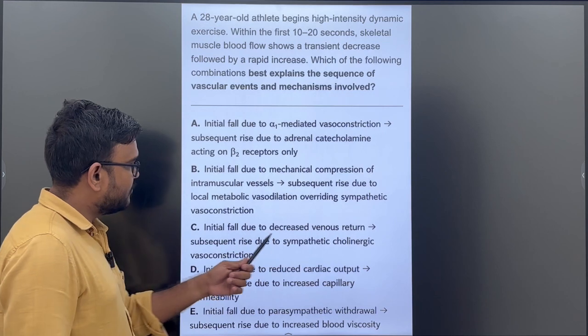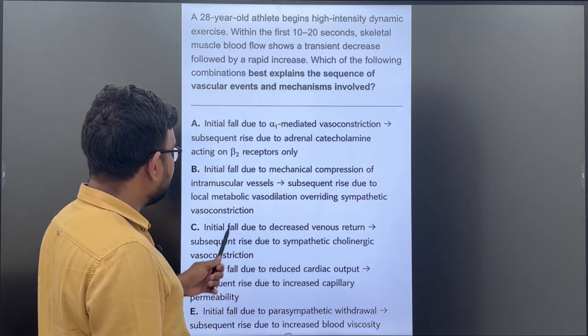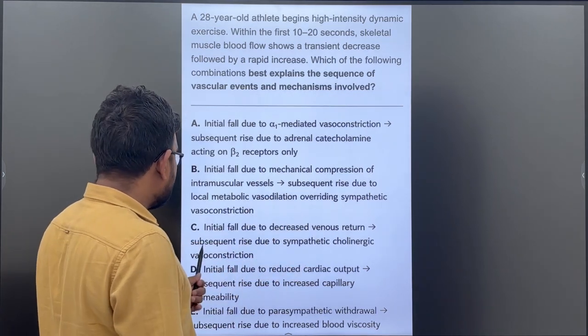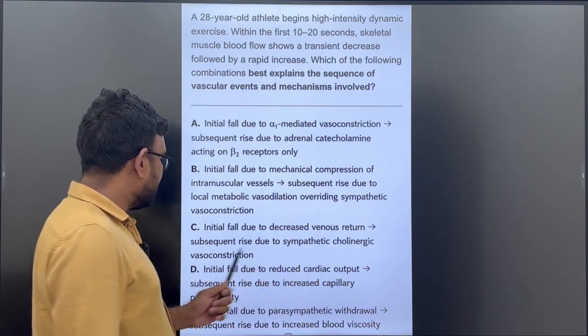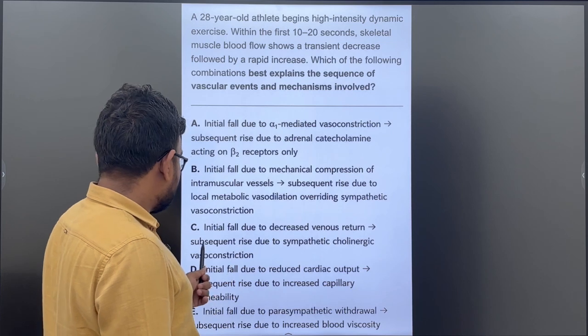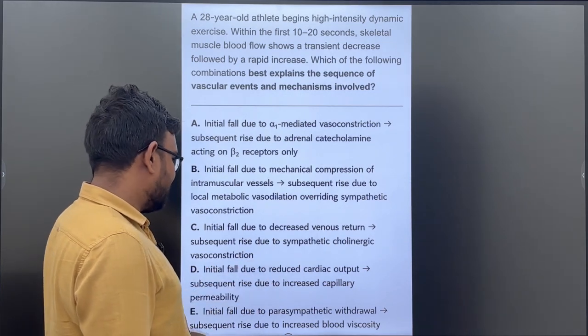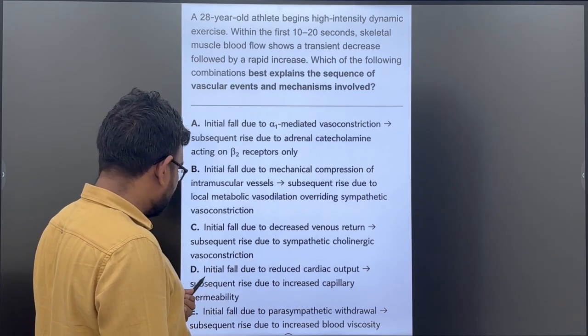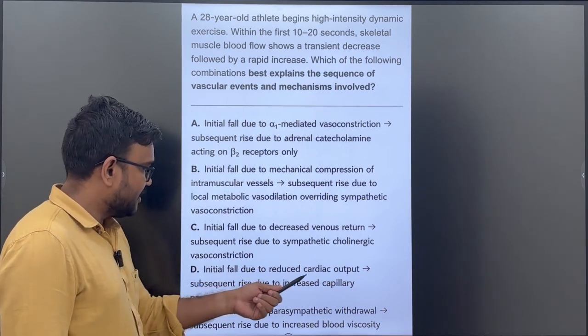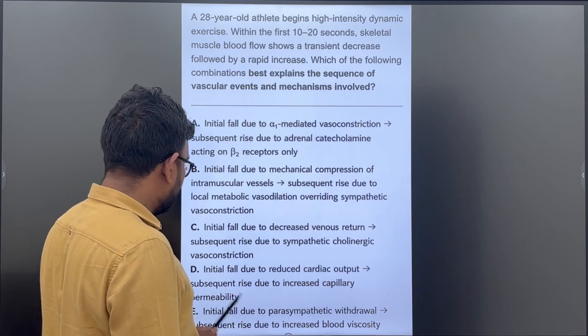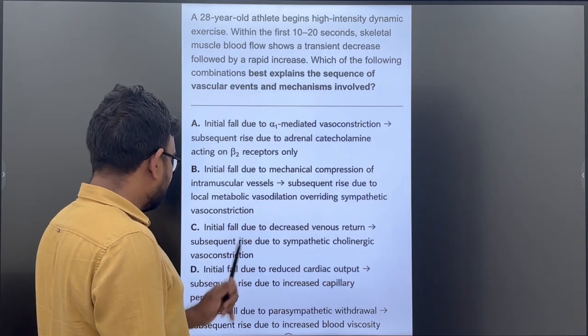Option C: the initial fall due to decreased venous return, no. The initial fall is due to mechanical compression. Subsequent rise due to sympathetic cholinergic vasoconstriction, no. Subsequent rise is due to local metabolites. Option D: initial fall due to reduced cardiac output, no. Initial fall is due to mechanical compression only.